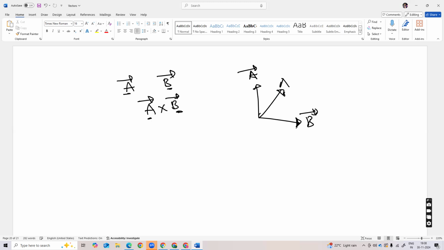This is the direction of A cross B, and it is perpendicular to both A as well as B.